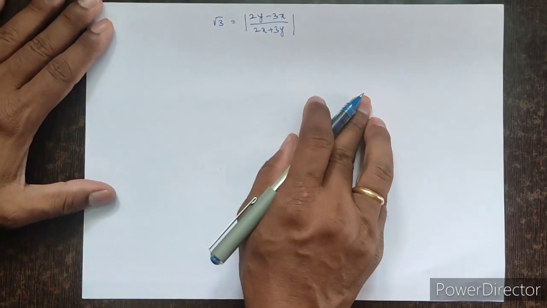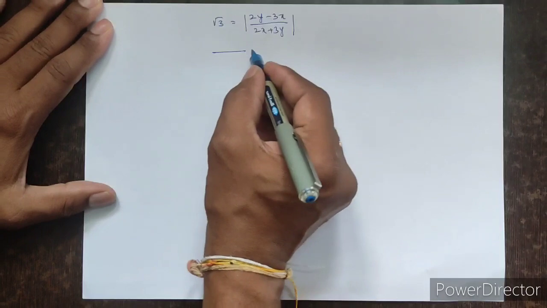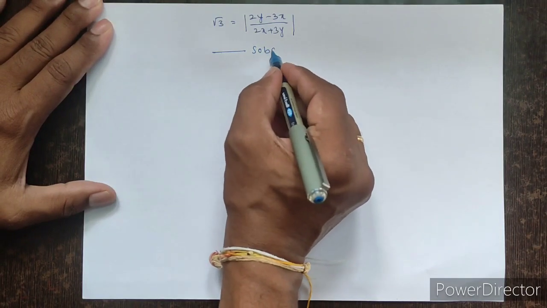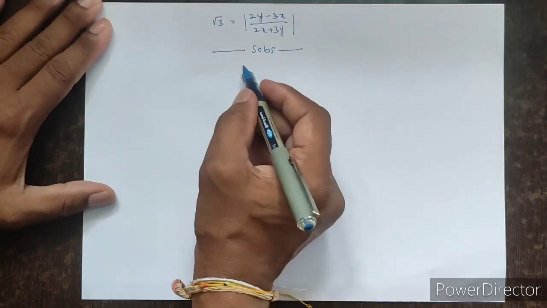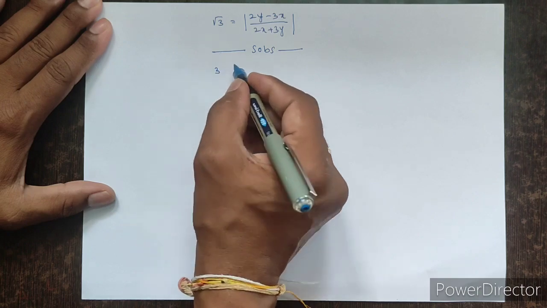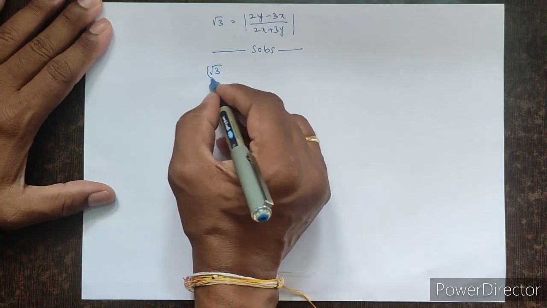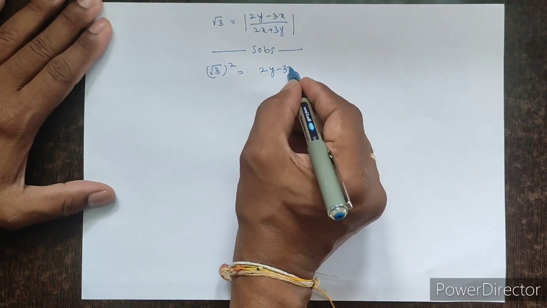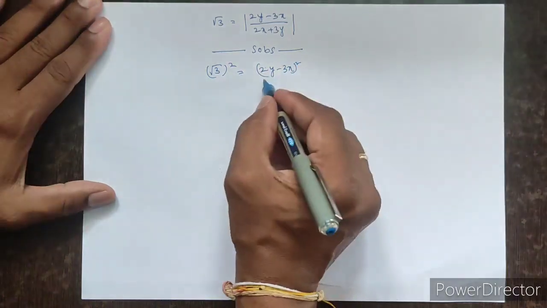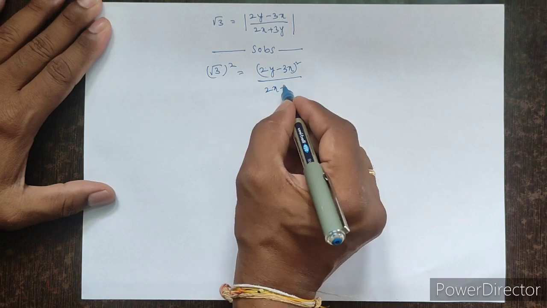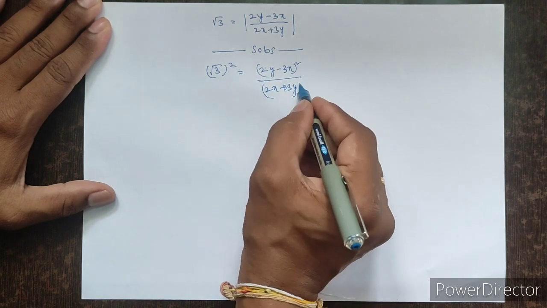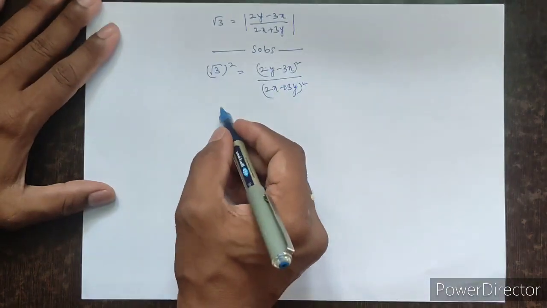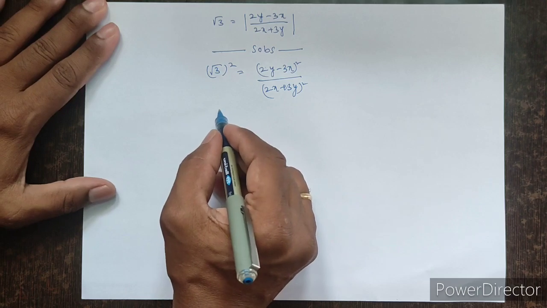Squaring on both sides. Root 3 whole square equal to 2y minus 3x whole square by 2x plus 3y whole square. Root 3 whole square is nothing but 3.